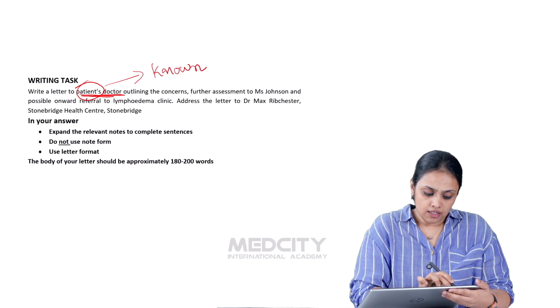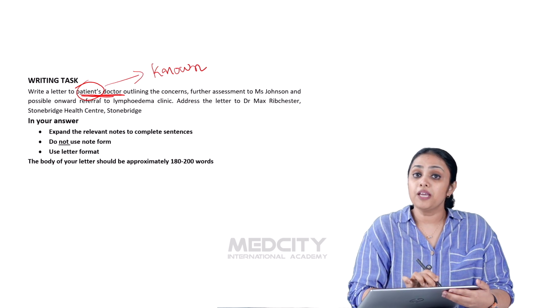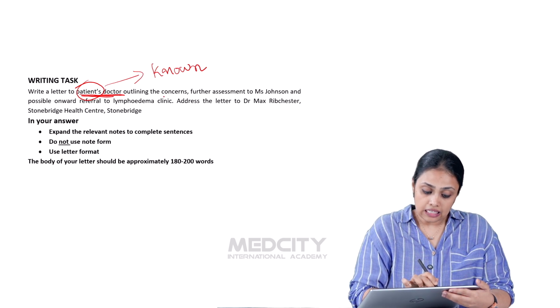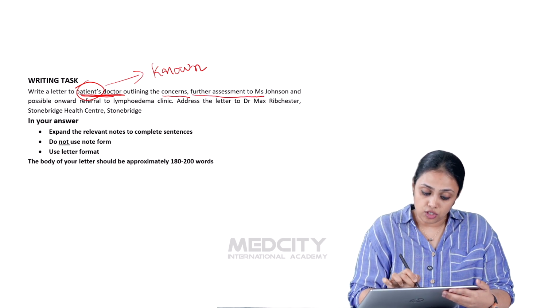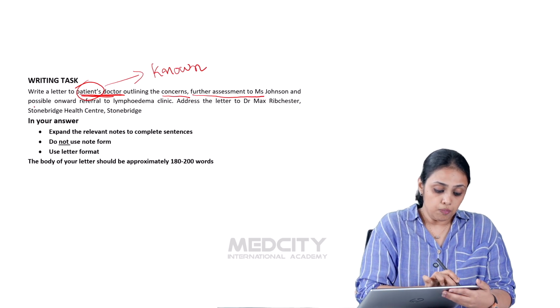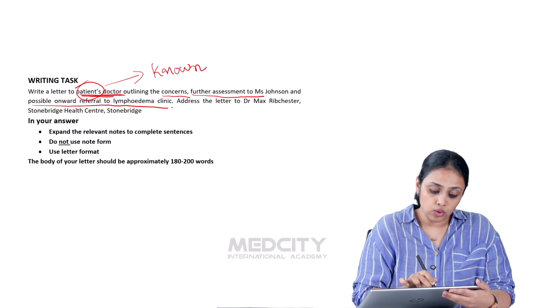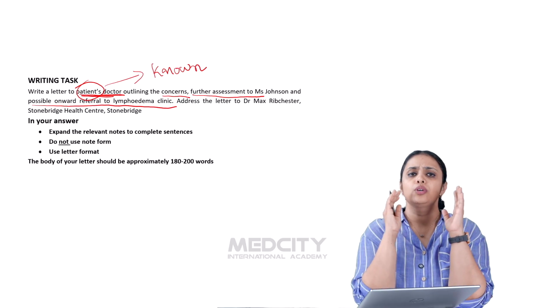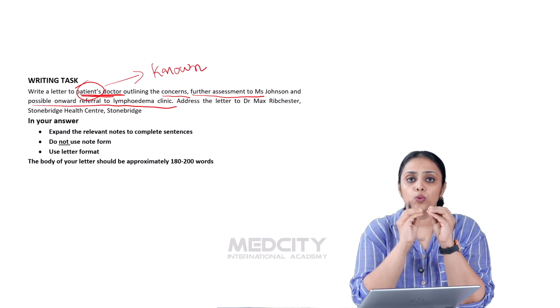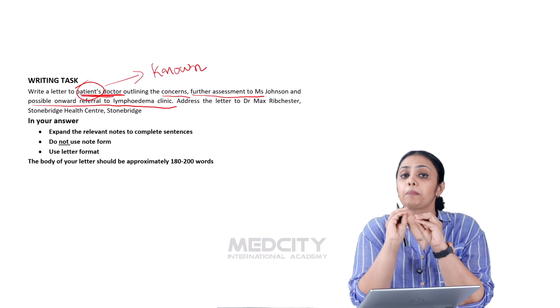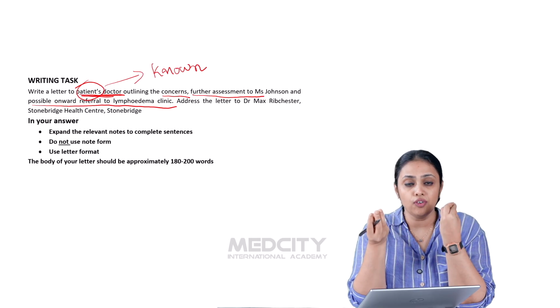So patient's doctor means immediately we conclude that it is a known case. And then what does the writing task say? Write a letter to the patient's doctor outlining the concerns, further assessment to Ms. Johnson and possible onward referral to lymphedema clinic. So here we understand that we are supposed to write a letter to patient's doctor. What is the reason for writing?